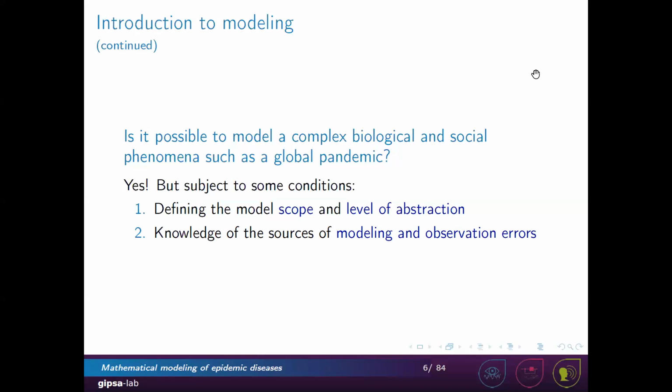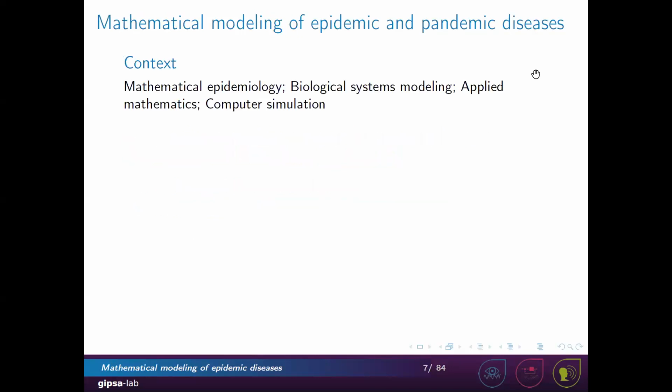We don't need perfect models, but we need to know the sources of error, either the sources of modeling error or the sources of measurement and observation error. And of course, we need reliable data to be able to train our model and fit it over real data.